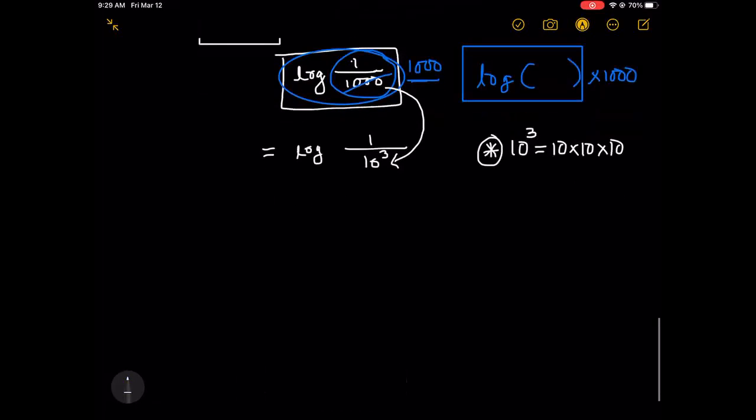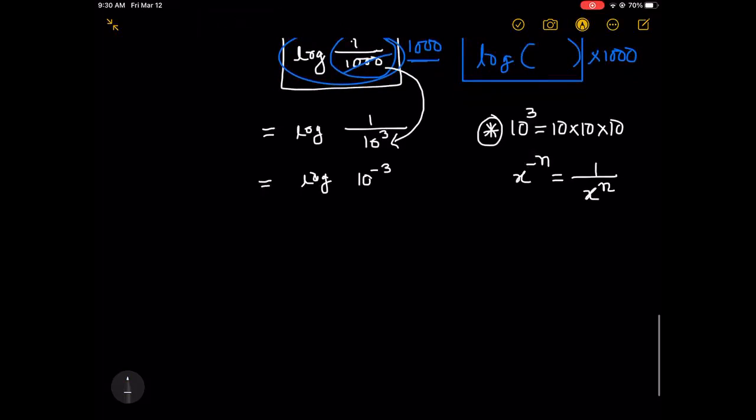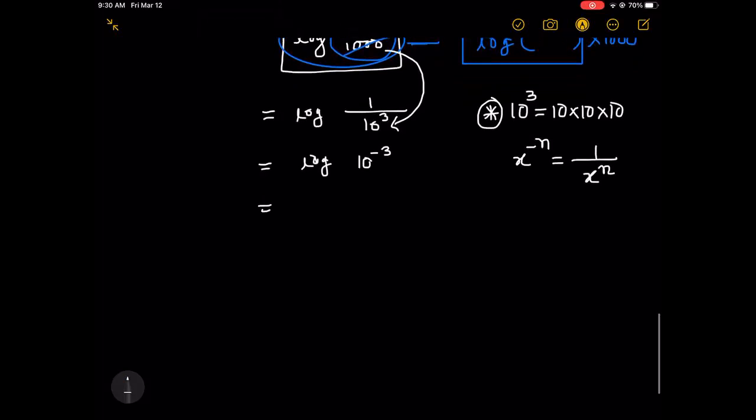The next property we want to use is to write the reciprocal of it. If we write it this way, the exponent will have the opposite sign. So for this, we have used this property. If we take the reciprocal of it, we get a different exponent, I mean the different sign.